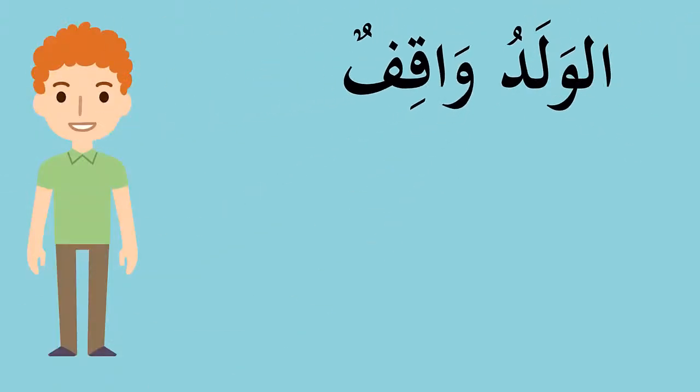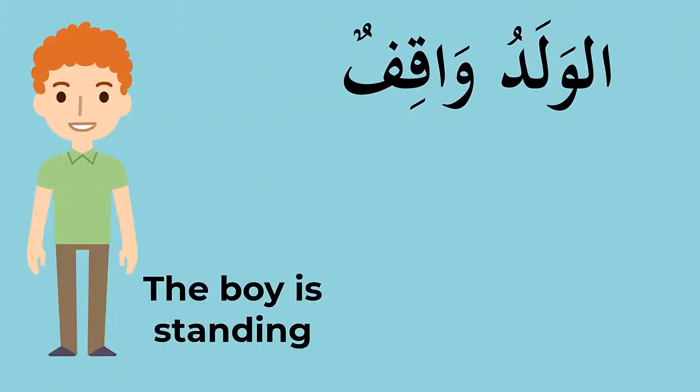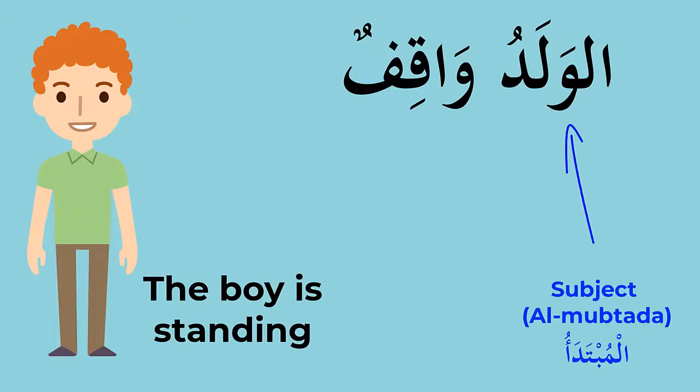Brother, al-waladu, the boy. It started the sentence, so it's marfu, it's the mubtada. The sentence begins with a noun, so it is a nominal sentence, jumla ismiya. The boy is our mubtada.